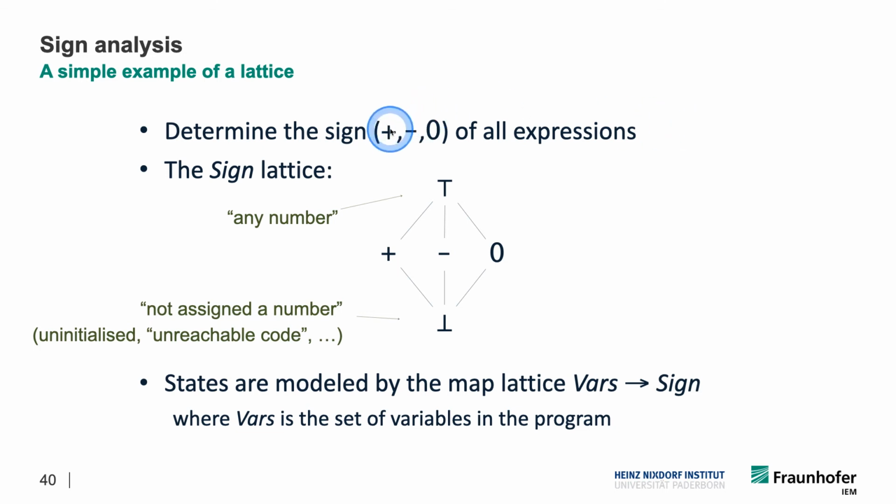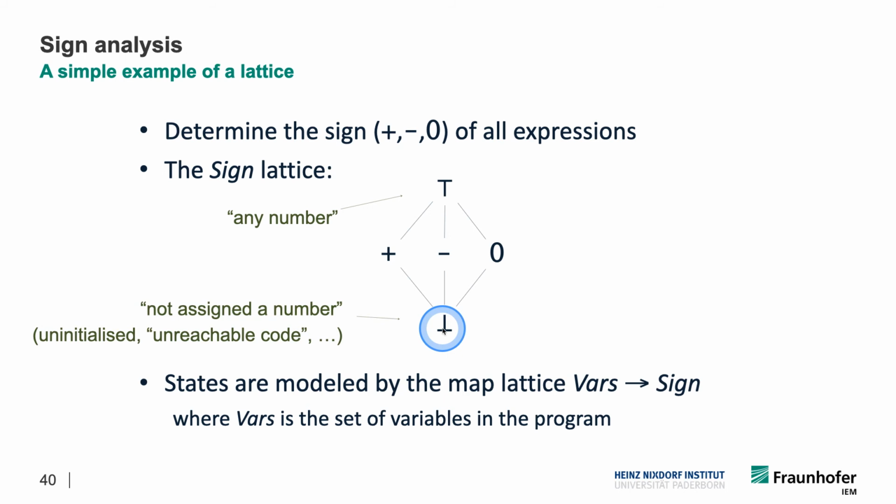So the domain only carries these three different potential values, plus two extra values that we here call top and bottom. And these stand for the following. So top here is to say it could be any number. We don't know which one, but the variable has been assigned a number, but we don't know anymore whether it's positive or negative or zero.